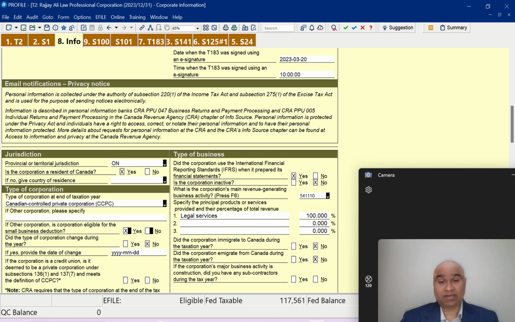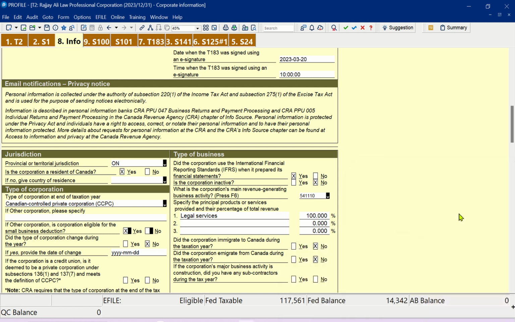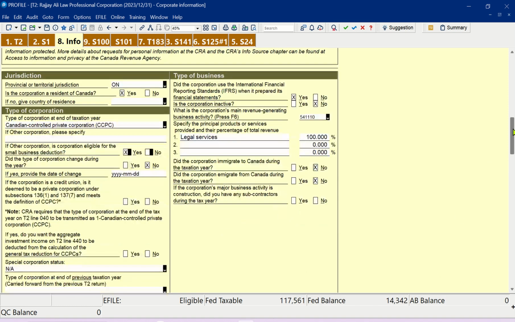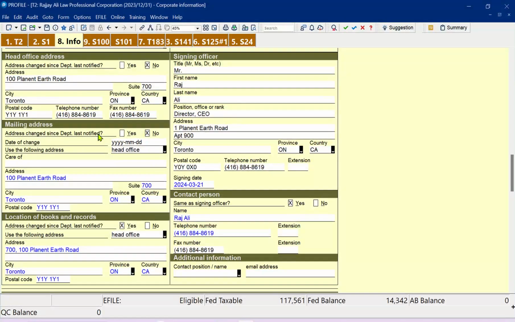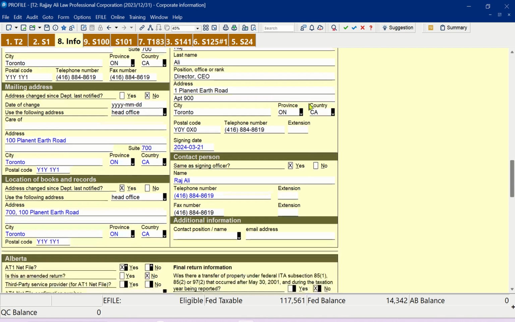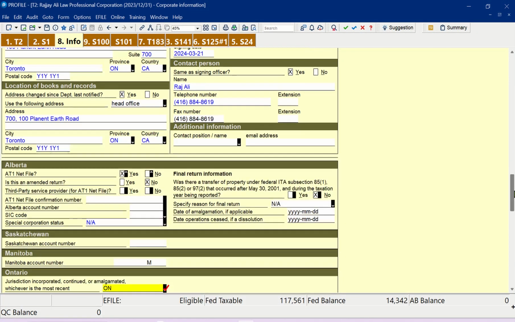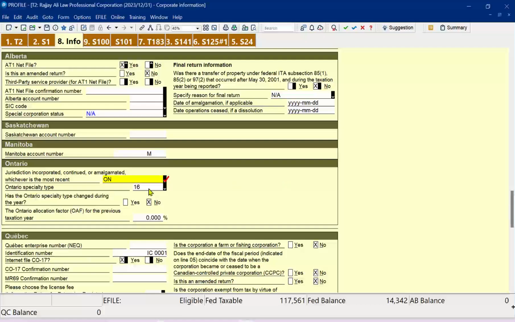But anyway, let's go back to the profile. This is the head office information, and this is the signing officer, Mr. Raj Ali. He's a lawyer in this case, and he's also the director and CEO. Make sure that you have all his details. This corporation is incorporated under Ontario.